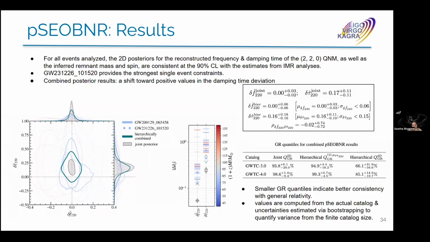The hierarchical 4D quantile also goes from 66 to around 85%. While this is not fully understood, we think this is a spurious deviation coming from a small catalog size, or the finite catalog effect. Once again, there is no strong evidence for any violation of GR, even with this observation. Can I have the next slide?